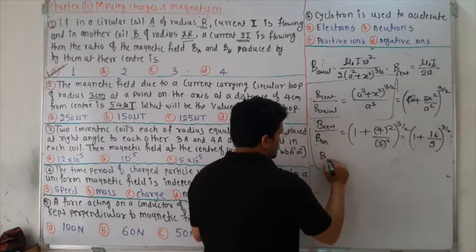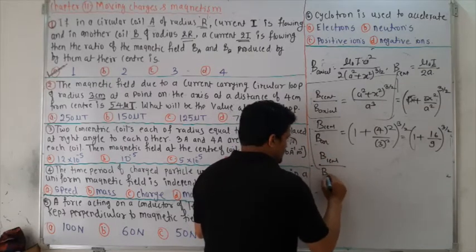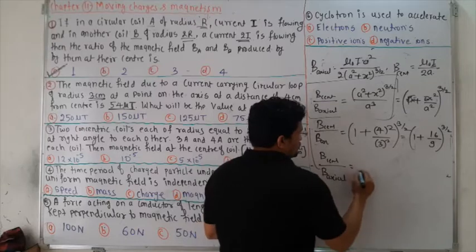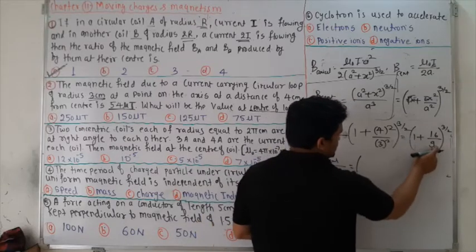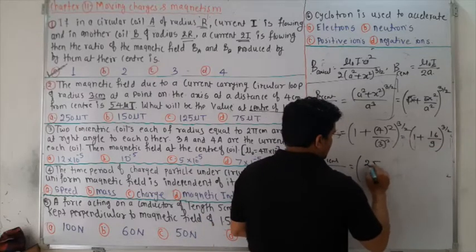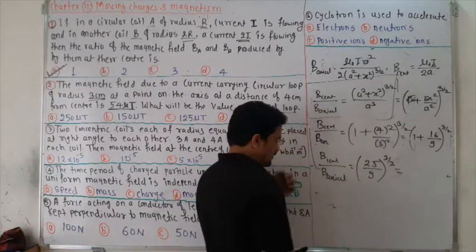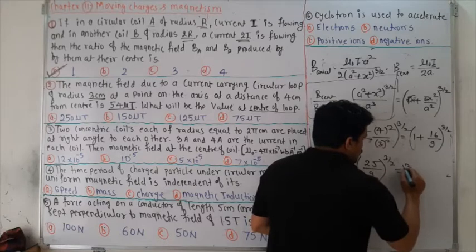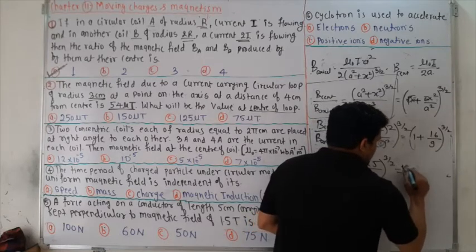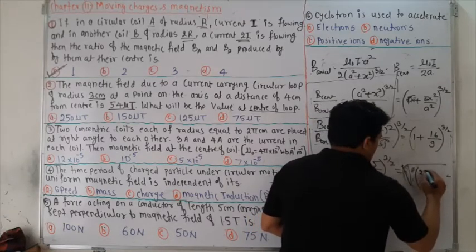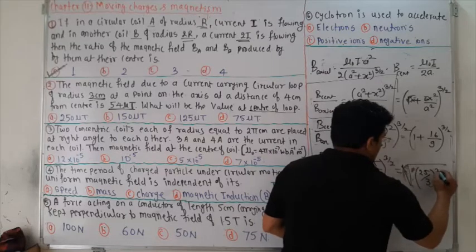Therefore B center divided by B axial is equal to, multiply this, you will get 25 divided by 9, raised to 3 by 2. Then it can be written as square root of 25 by 9 the whole cube.